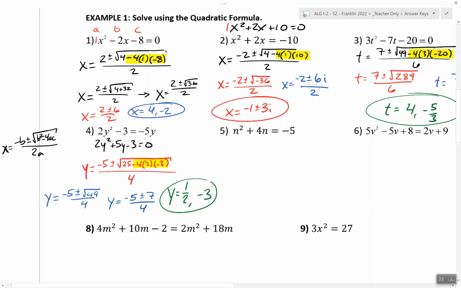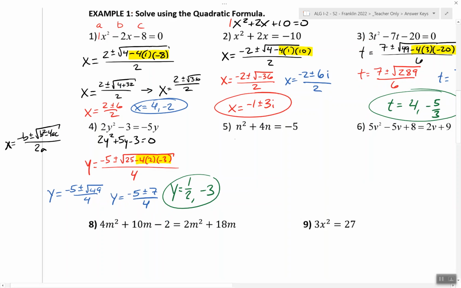All right, number 5. n squared plus 4n equals negative 5. We do need to write this in standard form. So n squared plus 4n plus 5 equals 0. And now we use the formula.